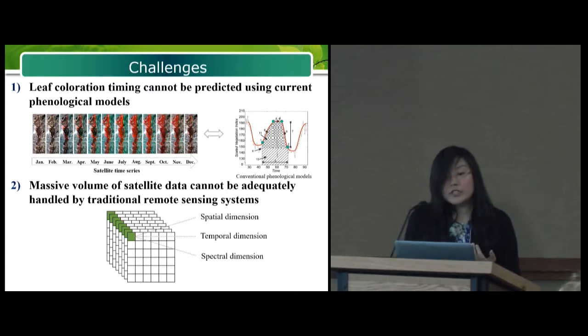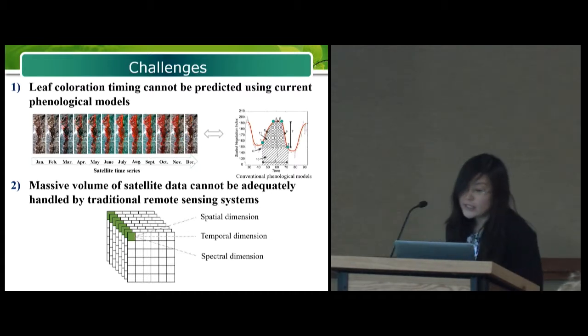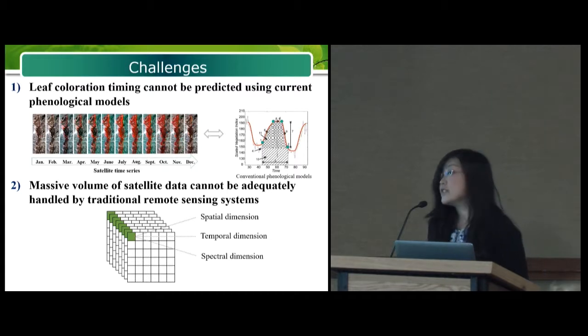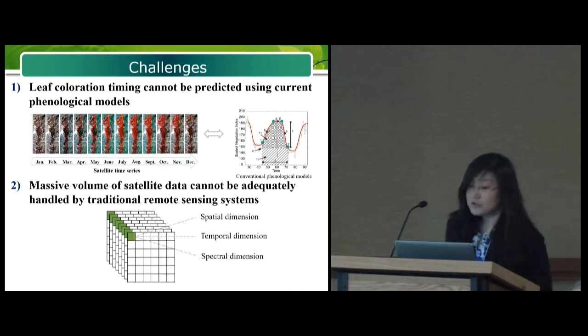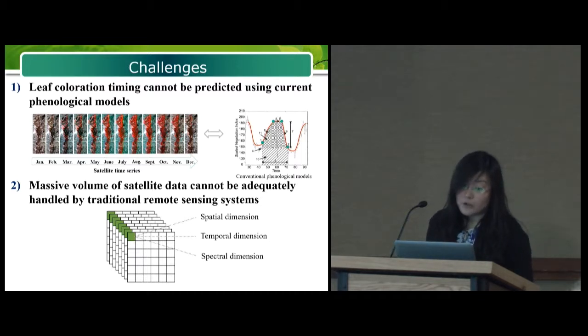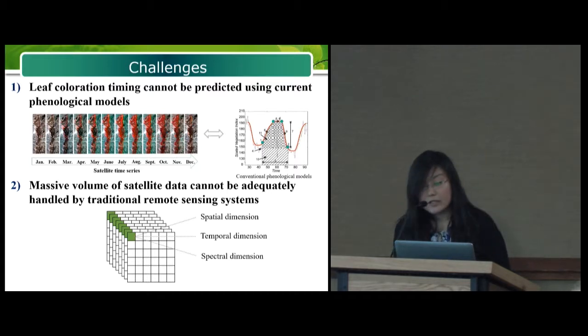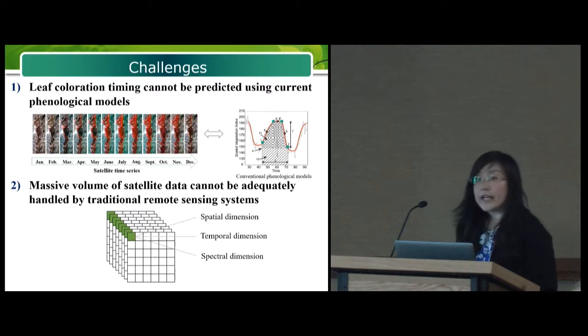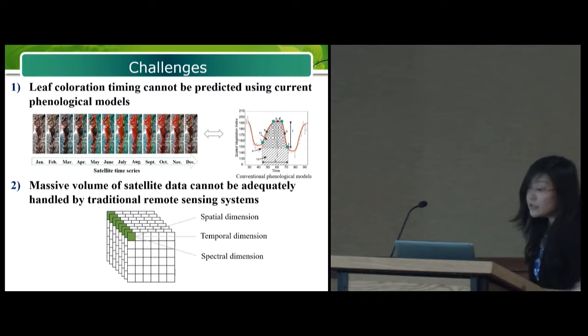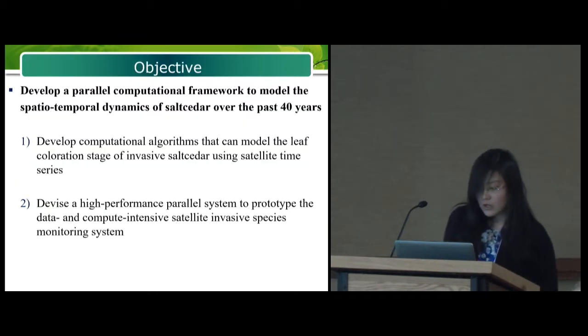But this leaf coloration timing cannot really be predicted using the current phenological models. Another challenge is when we want to do this really large-scale remote monitoring, that will involve a massive volume of satellite data that cannot really be adequately handled by the traditional remote sensing systems.